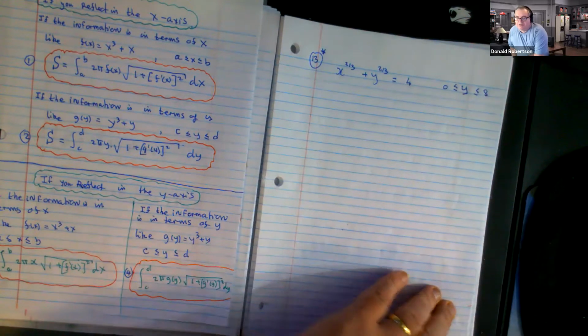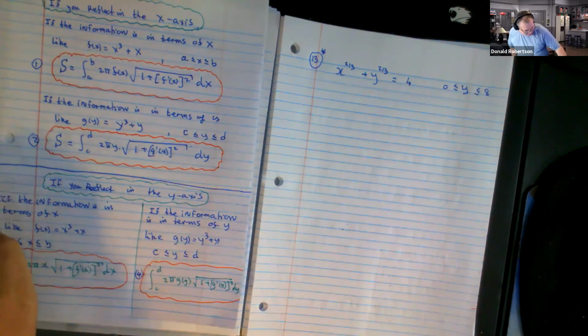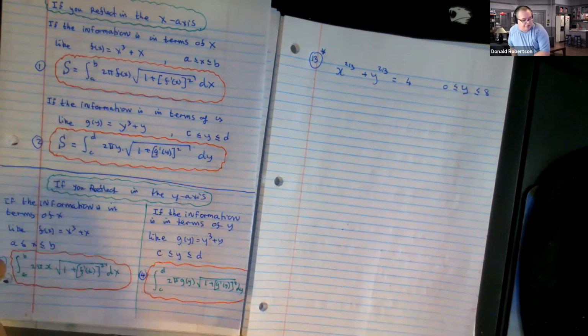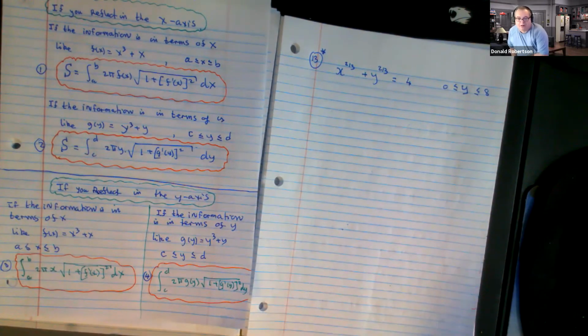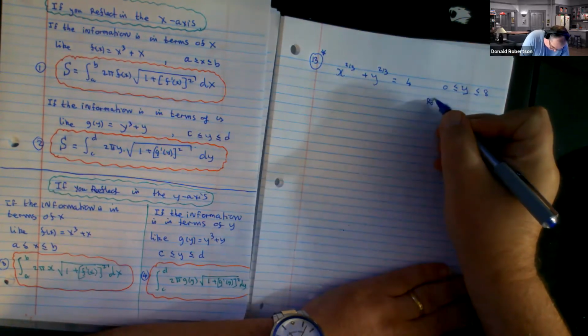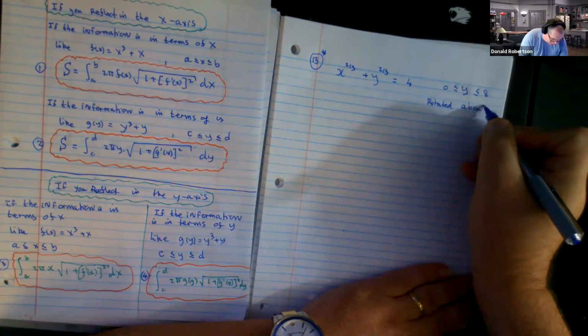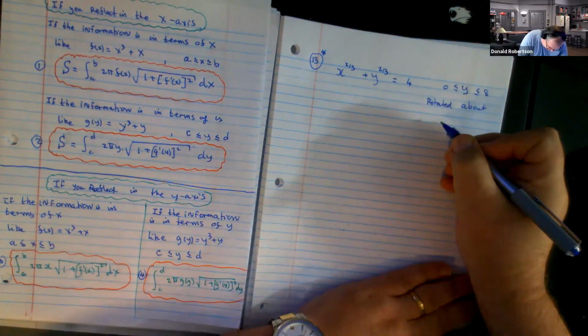Okay. So we have 4 equations. Here they are. I'm calling them 1, 2, 3, and 4, so it's easy to tell me which one. This shape is being rotated about, let's double check, the y-axis.